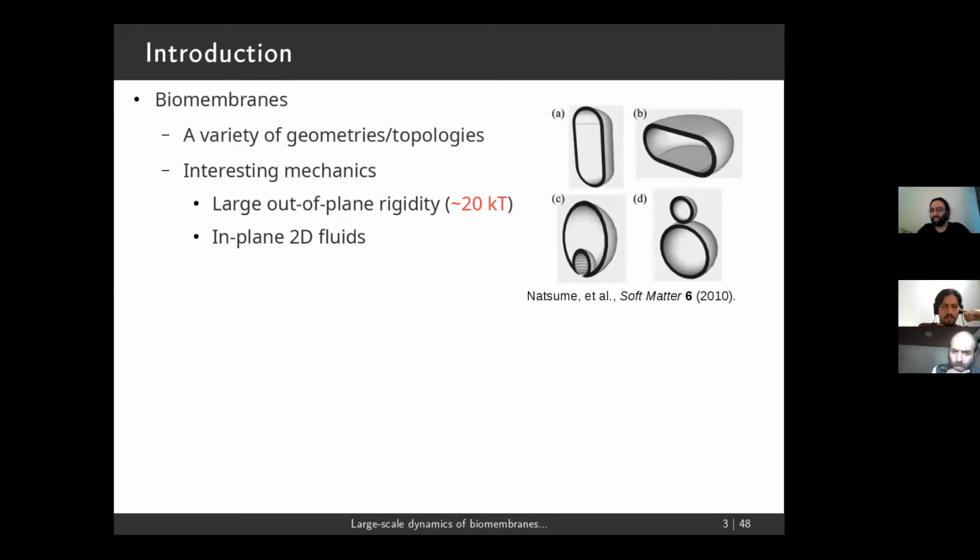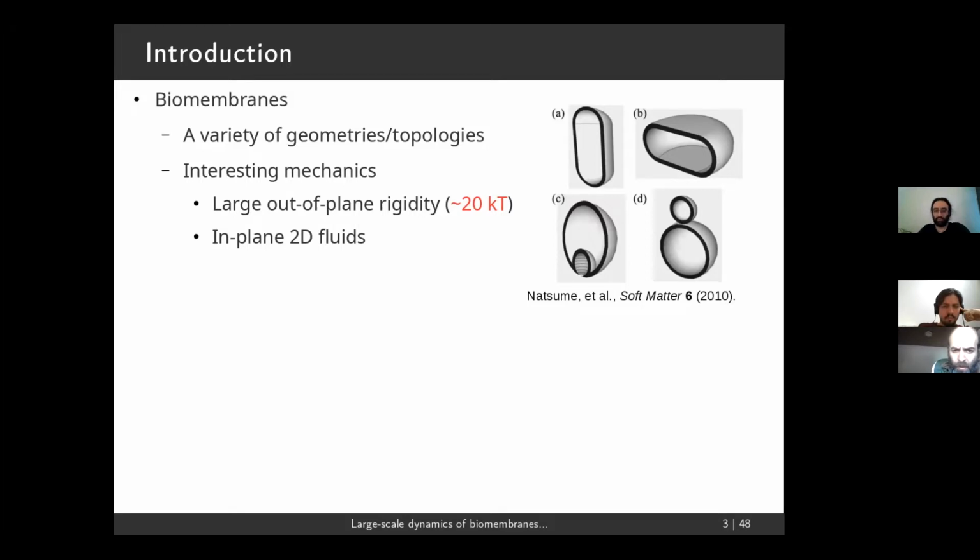At their scale of action, they are more or less behaving as solid sheets for out-of-plane motion, but on the other hand, the lipids inside the bilayer have the freedom to flow freely, with a certain viscosity. So they are 2D fluids, but in 3D, they are basically solid sheets with a rather high rigidity.